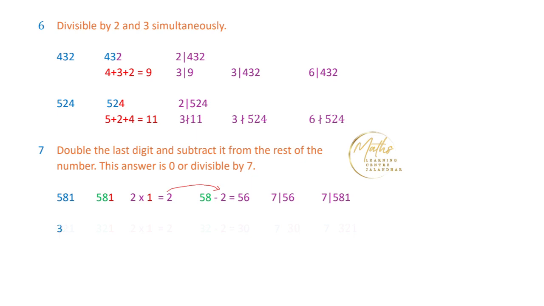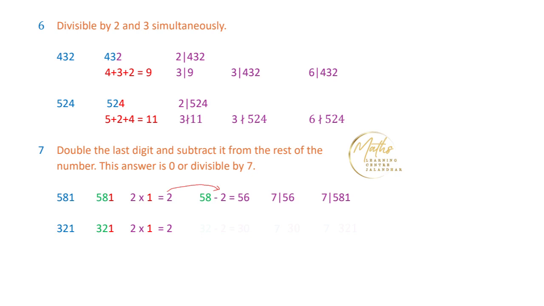Moving on to our next example. Suppose we are talking about the number 321. Again, the last digit is 1, and the remaining number formed is 32. If we double the last digit 1, the answer we obtain is 2.